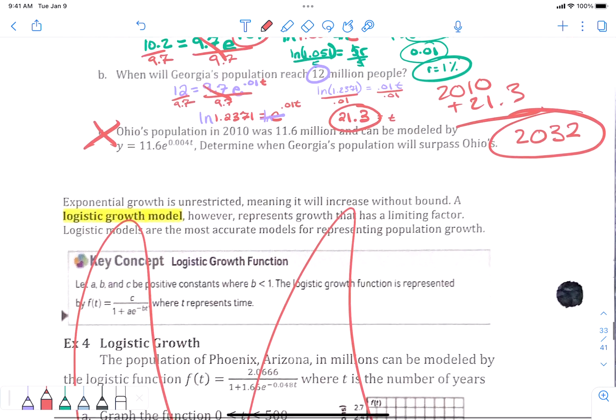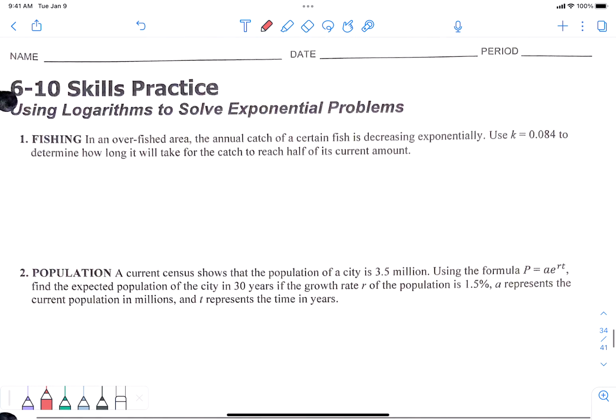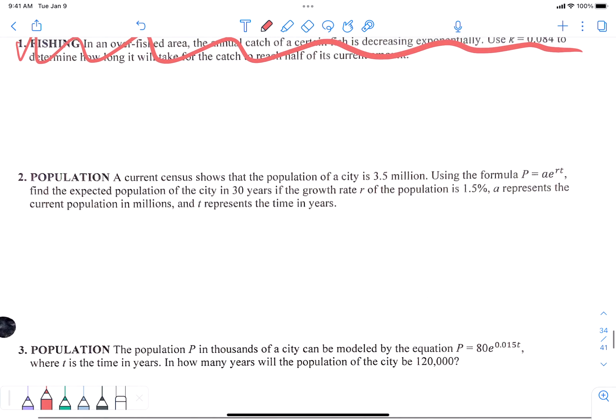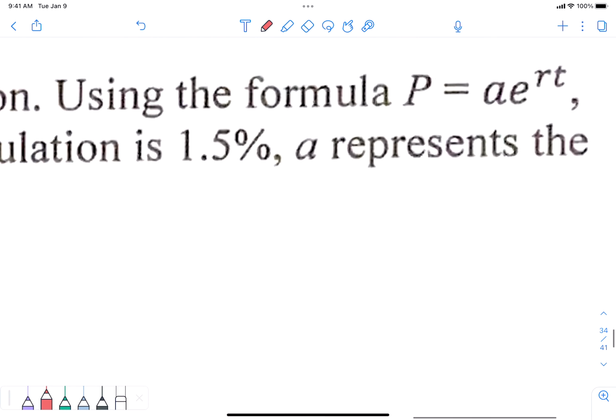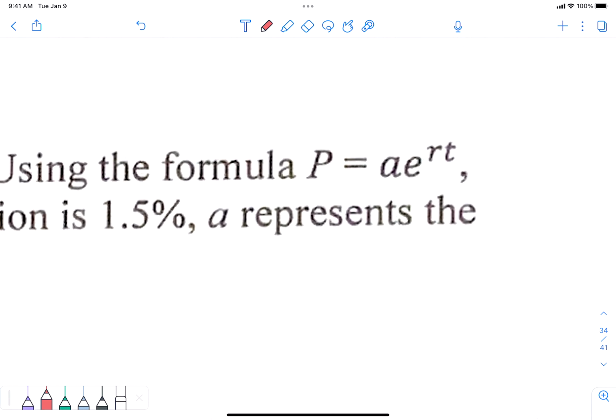So let's go to the homework, and I'll tell you which ones to do. I got to read through them, though. We're going to skip number 1 on skills practice. Number 2, you can do. Their formula that they use is weird.